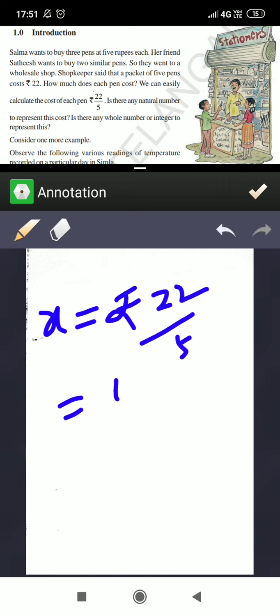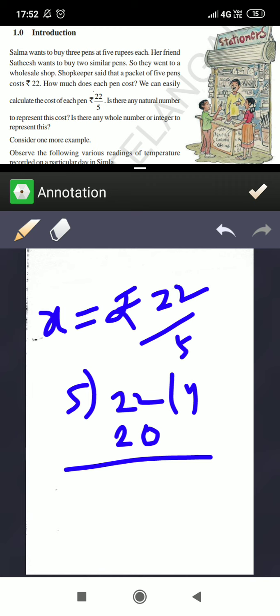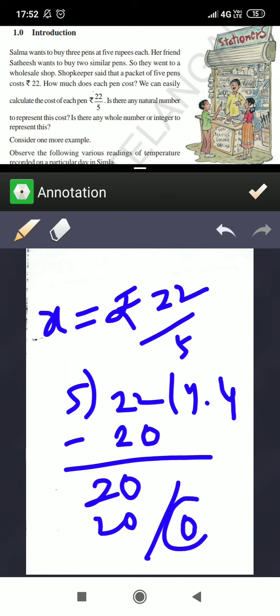It is nothing but 4.4 rupees. How I calculated is simple. 22 is divided by 5. 5 fours are 20. You get 2 after subtraction. Keep a point and a 0. 5 fours are 20 and you get remainder 0.